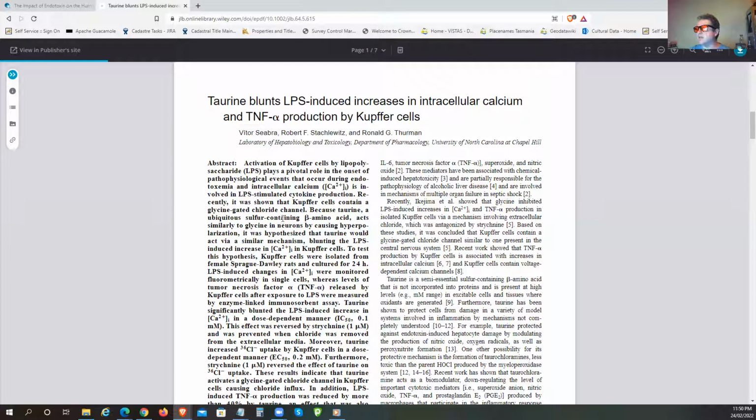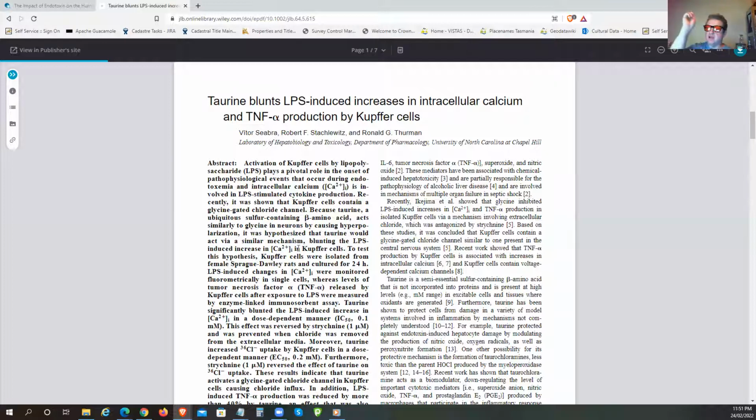So obviously there are relationships here. It acts similar to glycine in neurons by causing hyperpolarization. It is also a hypothesis that taurine would act via a similar mechanism, blunting LPS-induced increases in calcium.